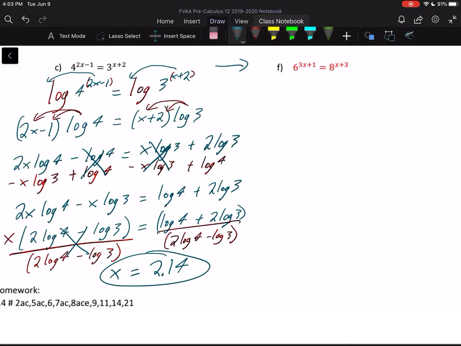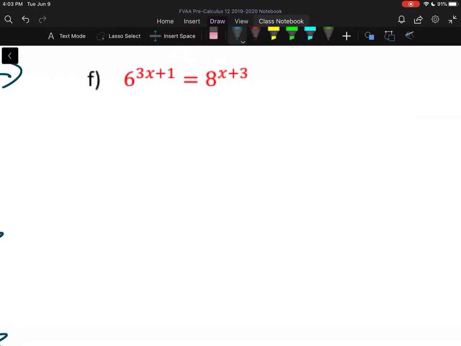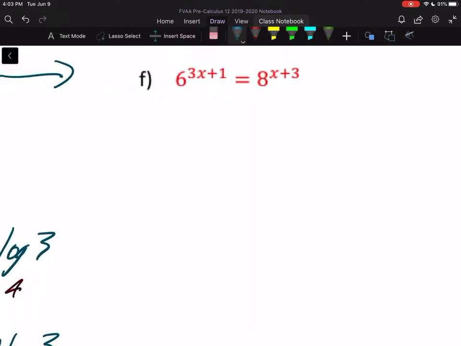All right, let's give this a whirl. So here I just put in log 6 to the 3x plus 1 is equal to log 8 to the x plus 3.